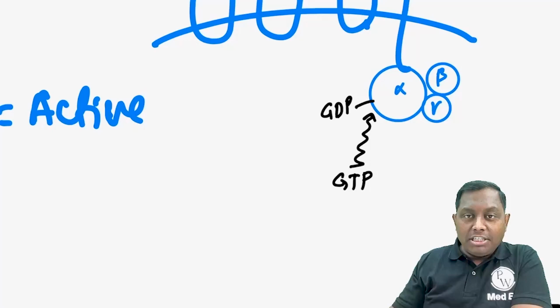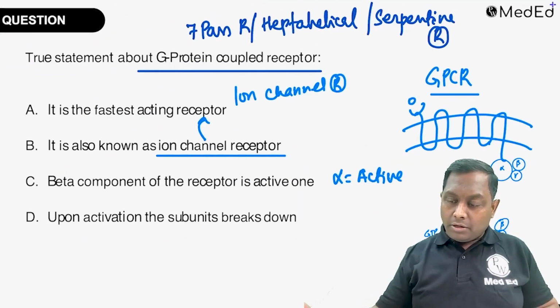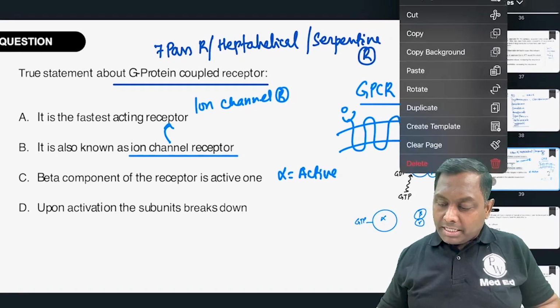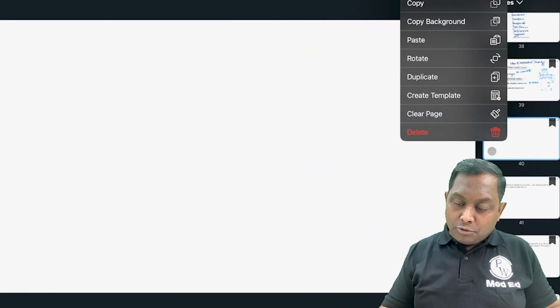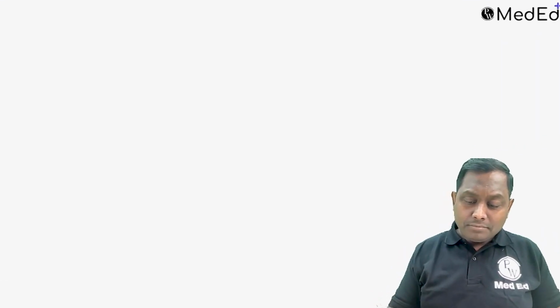When GTP occupies the site of alpha, there will be a dissociation between beta plus gamma. Now it is the alpha that is going to do the activity. Alpha will do its work, and we will see how. Because alpha is the active component of the G protein, I am talking about G alpha.